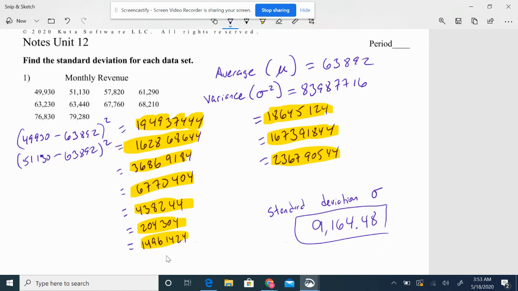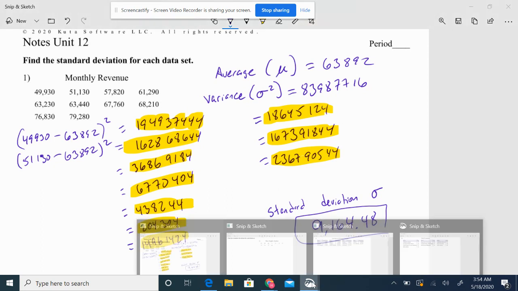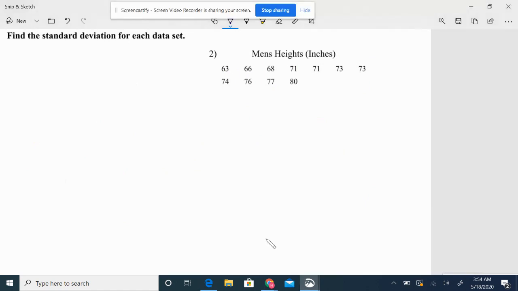That gave me a list of 10 numbers, which is what I have highlighted. Then I got the average of those numbers, and that gave me the variance. To find the standard deviation, I have to get the square root of the variance. That's all I did.